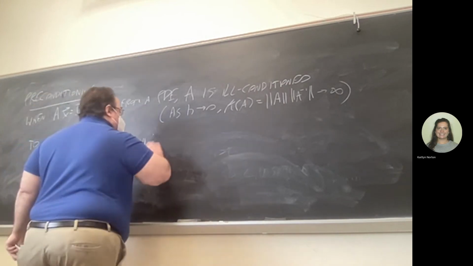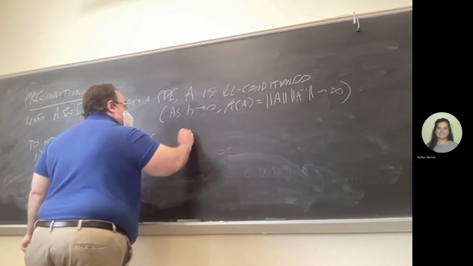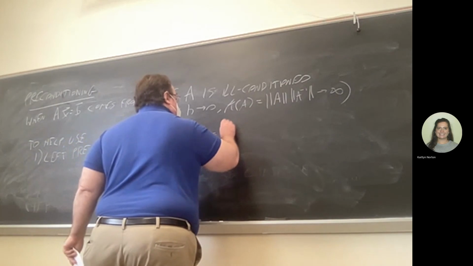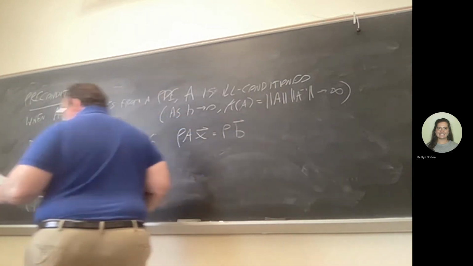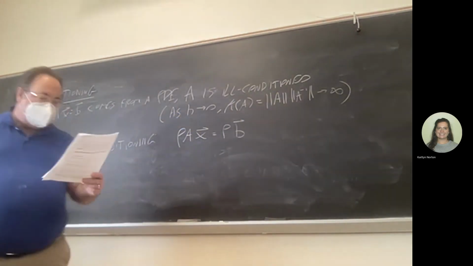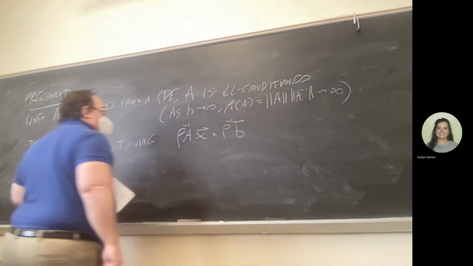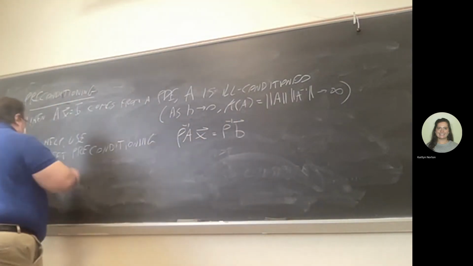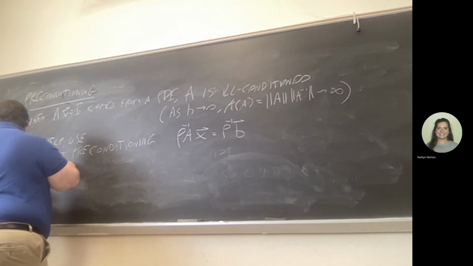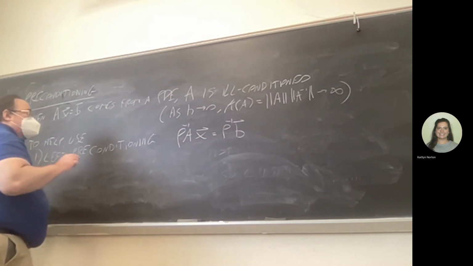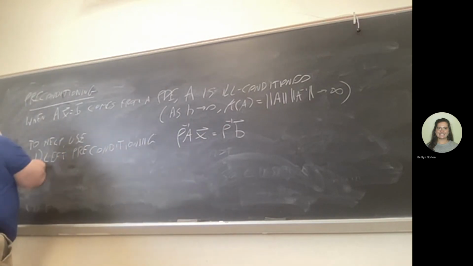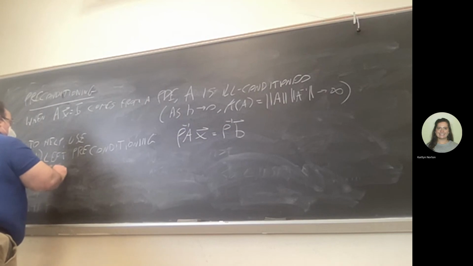So you just multiply Ax = b on both sides by some matrix P. Actually, the way it's written in my notes is P inverse. So the idea is, okay, well, I'll talk about criteria in a moment. There's also right preconditioning.